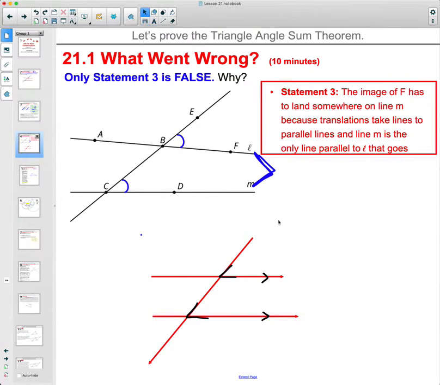If this is not parallel, then that angle is no longer translating down to this one. Because remember, translations have to take lines parallel to themselves. So in order for this angle to translate down to this one, the lines have to be parallel to each other. So only in parallel lines are corresponding angles congruent.